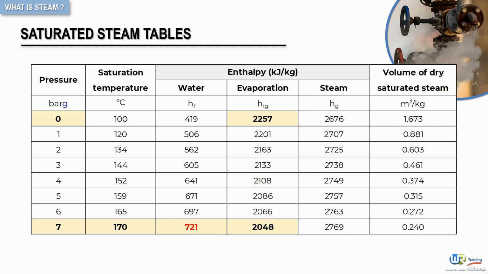This is because the specific enthalpy of evaporation decreases as the steam pressure increases. However, as the specific volume also decreases with increasing pressure, the amount of heat energy transferred in the same volume actually increases with steam pressure.